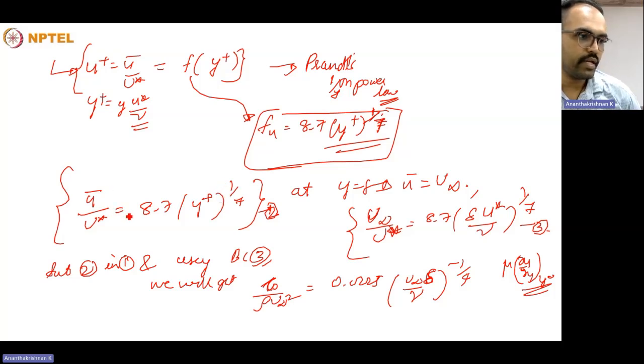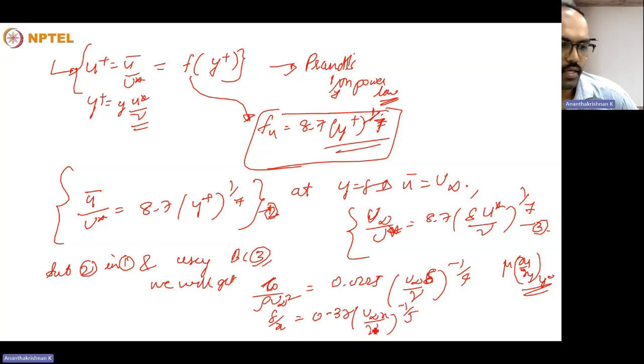We take the derivative, and we get delta by x equal to 0.37 times u infinity x divided by nu, the whole power -1/4. That is just like what we have done for the laminar case. We can get it for the turbulent boundary layer thickness as well.